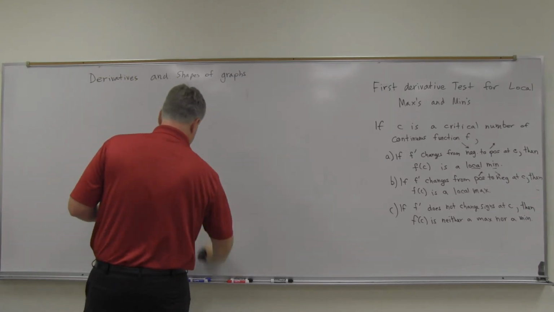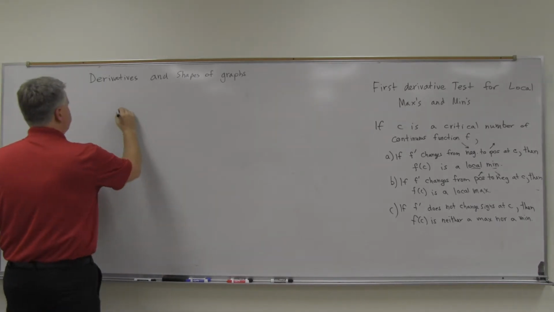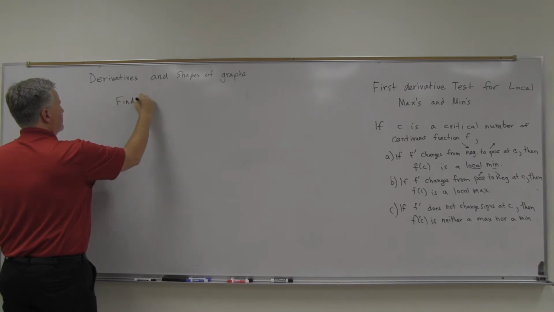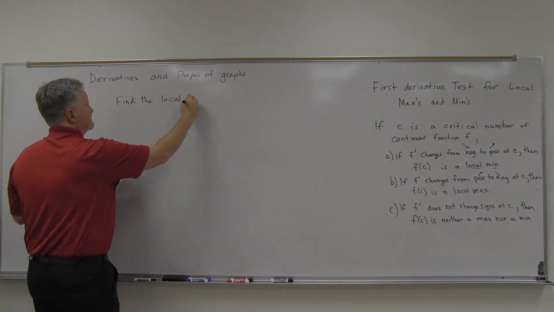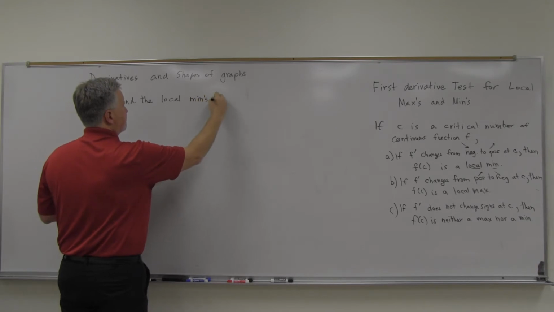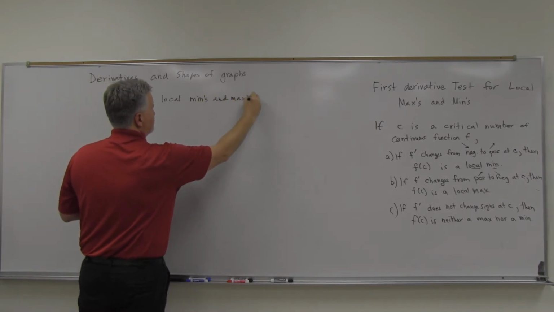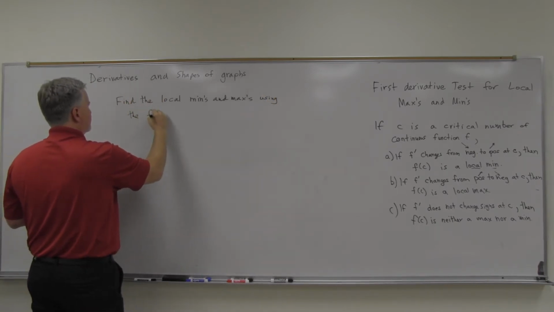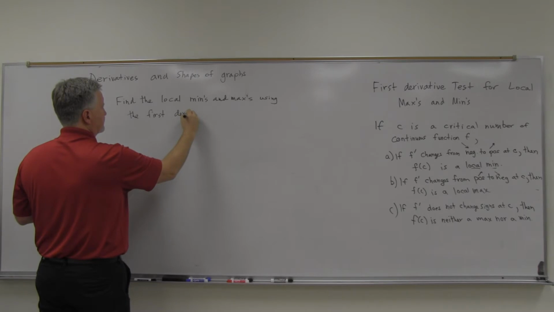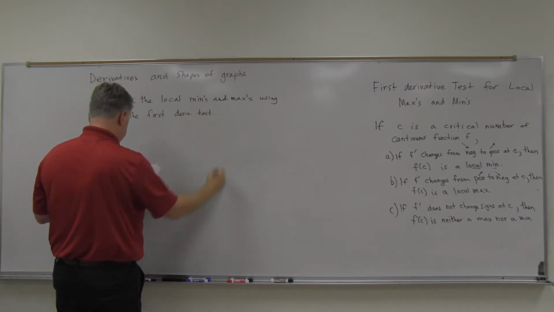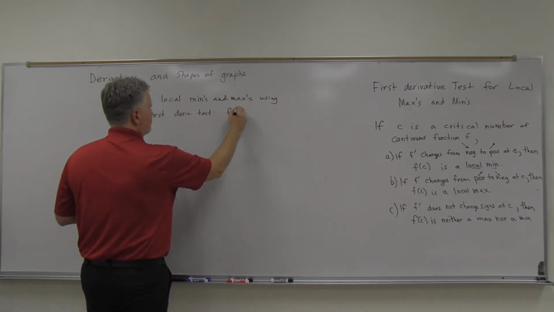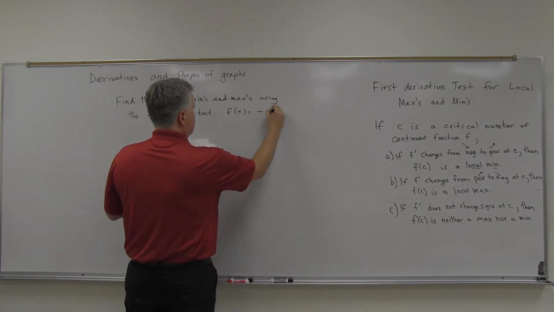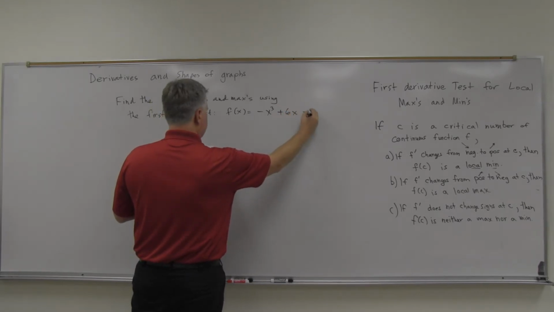Let me take a look at one of those, all right? So let's find the local mins and maxes using the first derivative test. So f of x equals, let's do negative x cubed plus 6x plus 7.